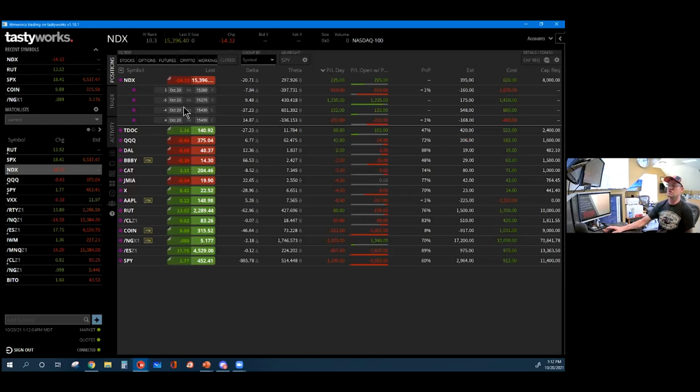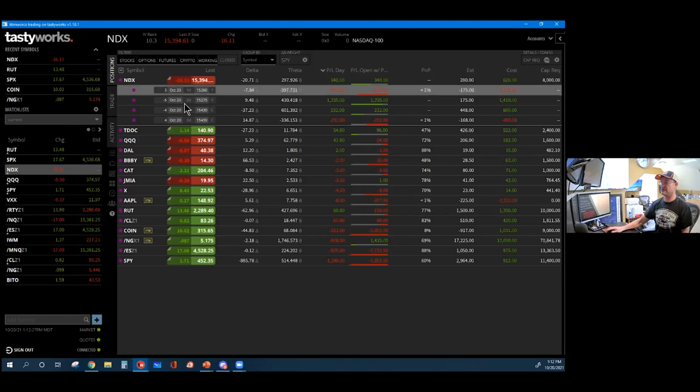That allowed us to have a little bit more contracts on the put side than the call side, but that will give you a weird number. Just so you're aware, that will give you a weird number if you're trying to close this whole trade together.